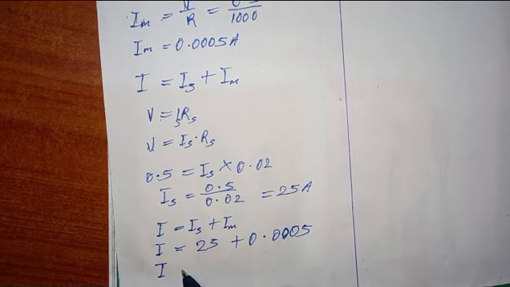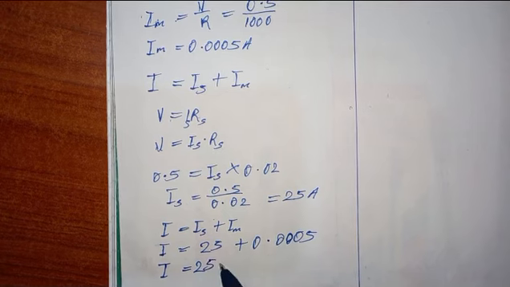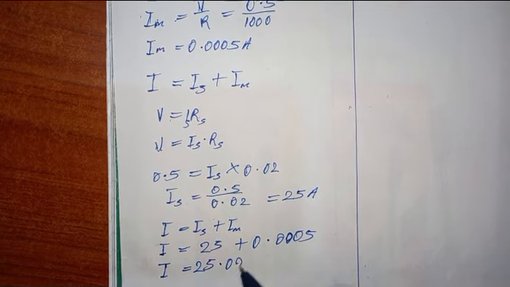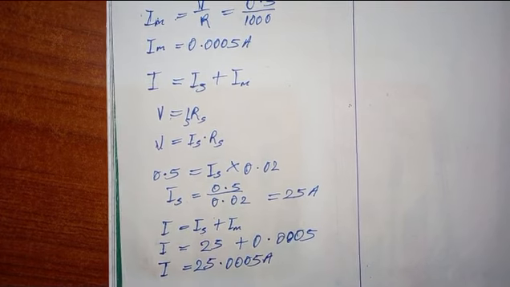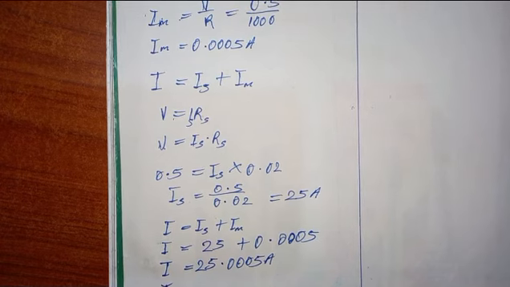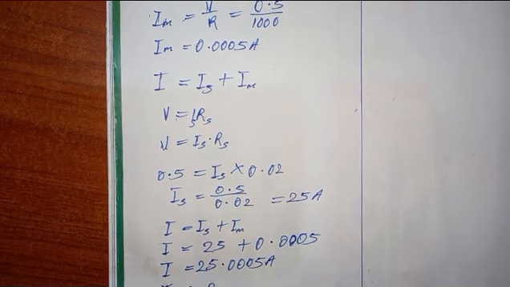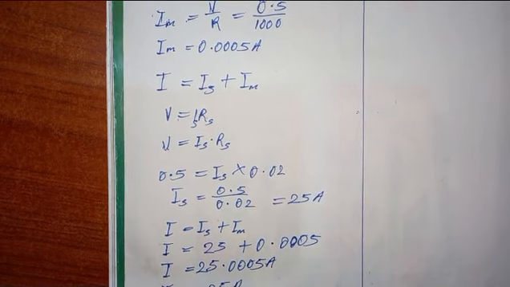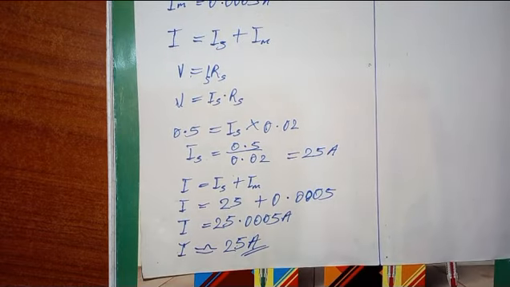The total current here will be 25.0005 amp. Approximately, I will be equal to 25 amp. Now we know the answer for the first question.